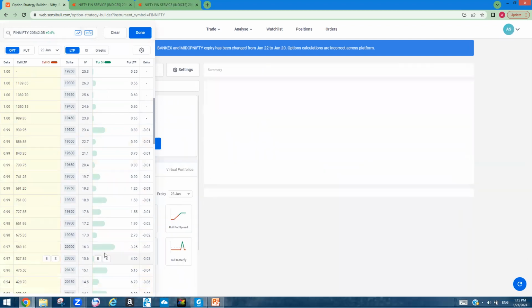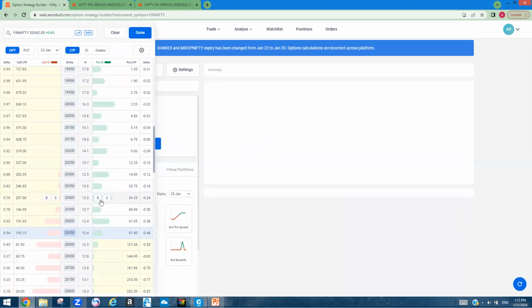Let me show the actual. Say this one, this 20,400. For put, always buy a bit out of the money, because markets are weak and anytime big red candles can come. So I am very apprehensive of selling a put option at this point.